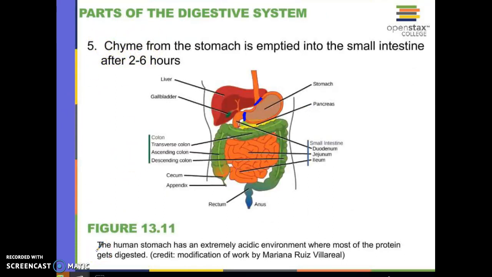Chyme from the stomach is emptied into the small intestine after about 2 to 6 hours. And again, there's a sphincter at the bottom that moves that into the small intestine.